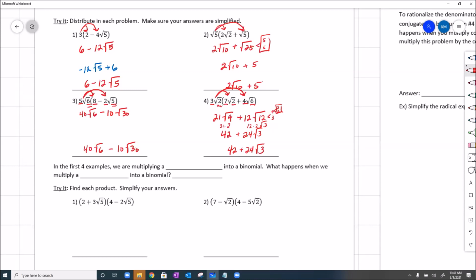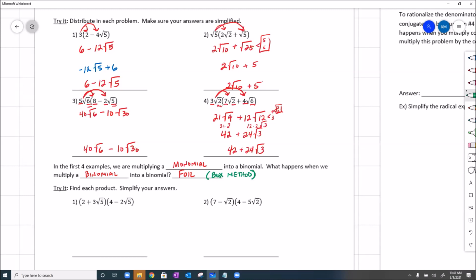In the first 4 examples, we are multiplying a monomial into a binomial. We did that already in our last polynomials unit. What happens when we multiply a binomial into a binomial? This is where FOIL comes in, or you can still use the box method if you choose to.